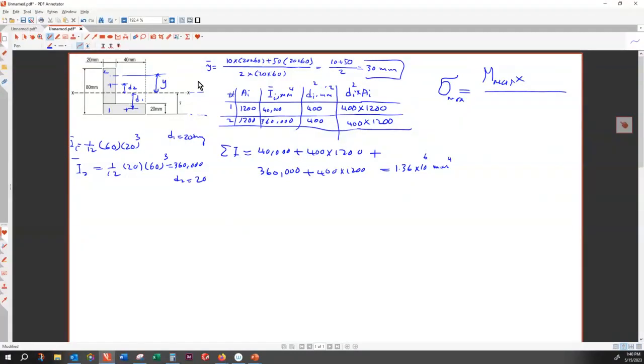Can you tell me which point over this cross section has the largest distance from that? Is it the points on the top or the points at the bottom?